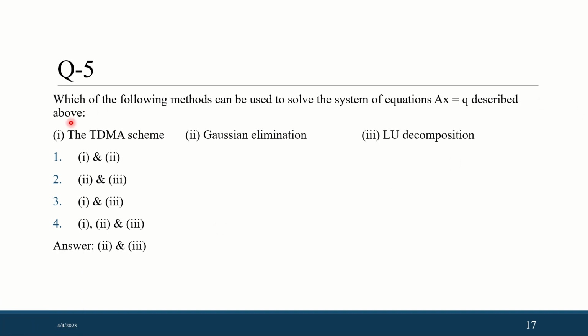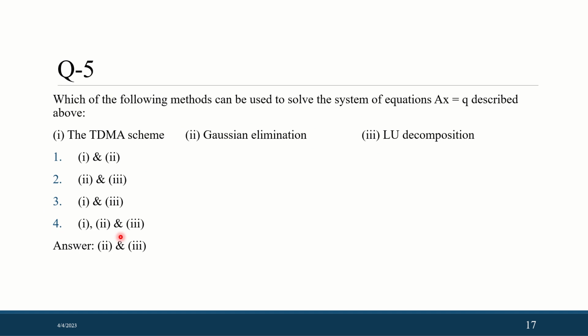Since the system was not a tridiagonal matrix, the options given for this question are TDMA scheme, that is tridiagonal matrix scheme, Gaussian elimination and LU decomposition. We could not see formation of any proper diagonal elements in the given above method. So TDMA scheme cannot be used. Other than that, Gaussian elimination and LU decomposition, both the methods can be used.